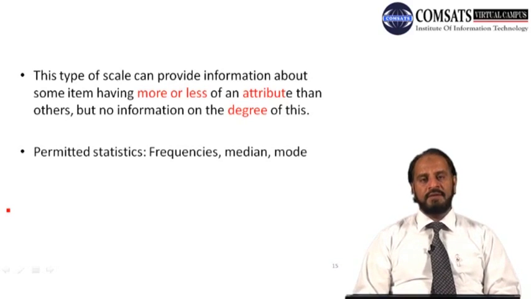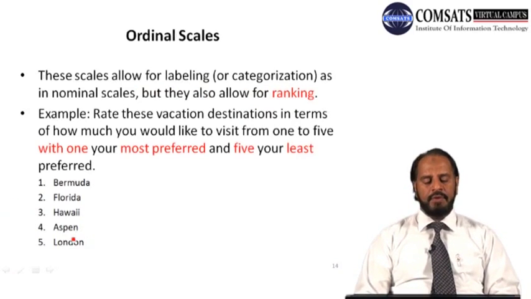So this information is there, but again, in the ranking, if you said you preferred Florida as 1, Hawaii as number 2, Aspen as 3, London as 4, and 5 is Bermuda, you cannot find the extent of difference. You know that between 1 and 2, this is your first choice and this is second, but how much worse, what is the difference between them, is not known.